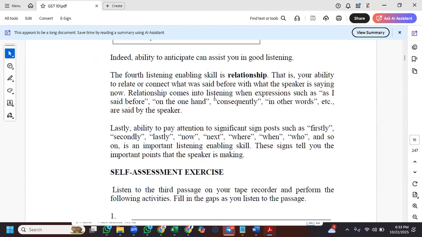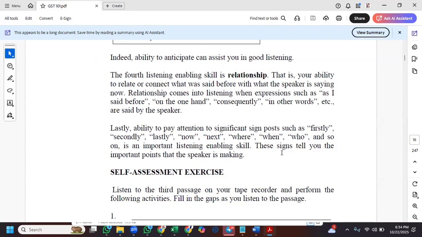Now, relationship comes into listening when expressions such as I said before, on the other hand, consequently, in other words, etc. are said by the speaker. And then the last one, which is the ability to pay attention to significant signposts, such as firstly, secondly, lastly, now, next, where, when, and so on and so forth.